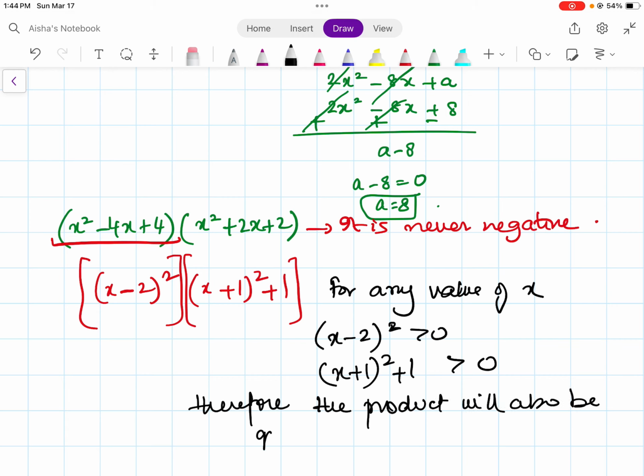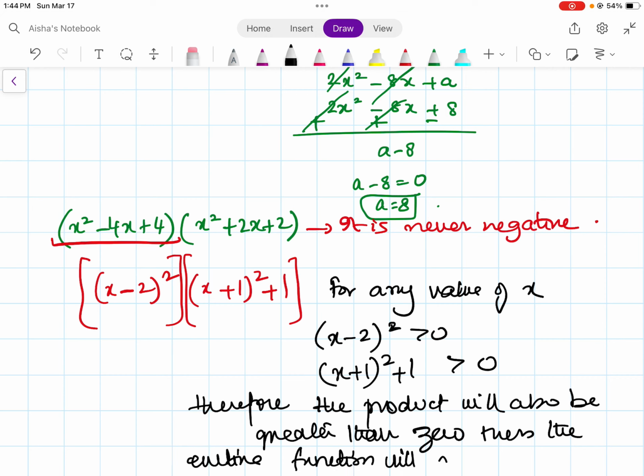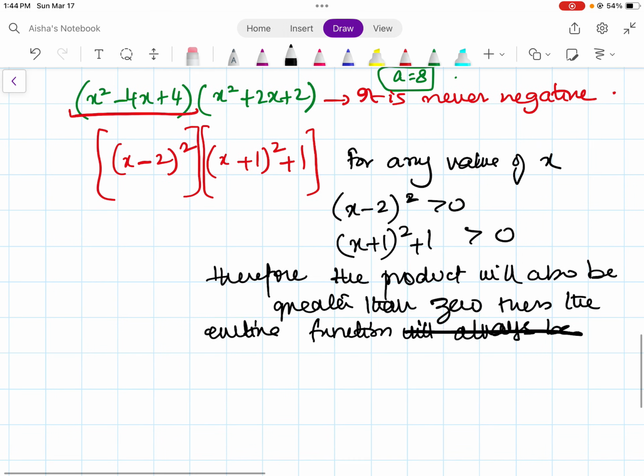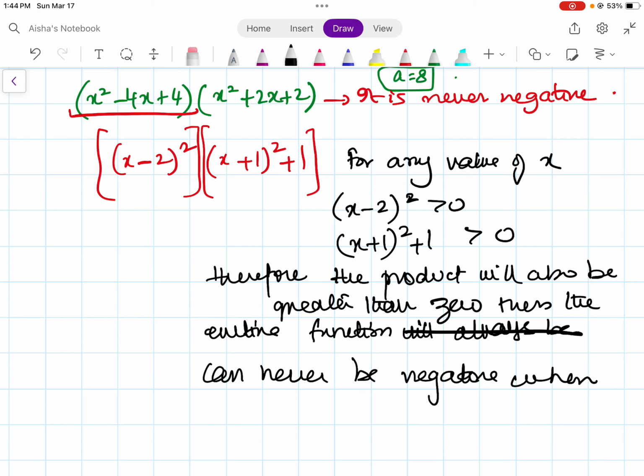Thus the entire function can never be negative when a is equal to 8. Does it make sense? Clear about it?